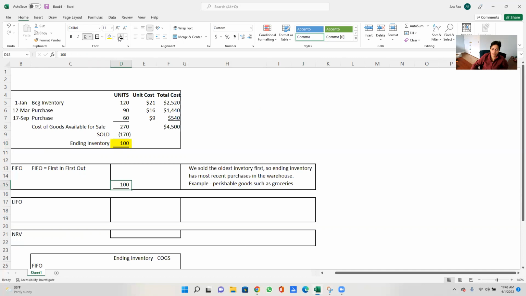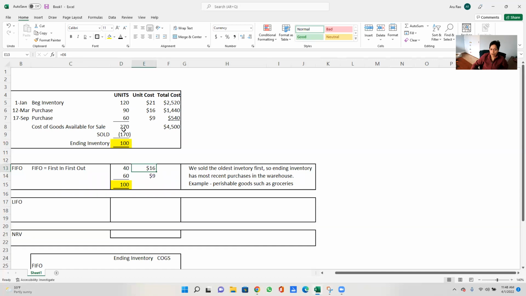Okay, so I'm working with these 100 units. And what I'm saying is what I'm left with is the 60. It's all still sitting with me. That's not gone. Okay, and that was $9 per unit. Then I have 40 left with me, which is the 100 minus 60. And that came from this purchase.